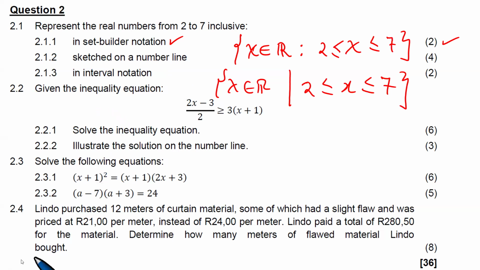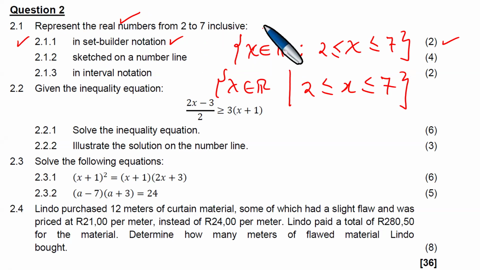Any question on the first one? We're doing 2.1.1, representing the real numbers. Real numbers means x is an element of the set of real numbers. This is how we write the R for real numbers; it's not just an R, but a script R. We indicate that x lies between 2 and 7 inclusive.